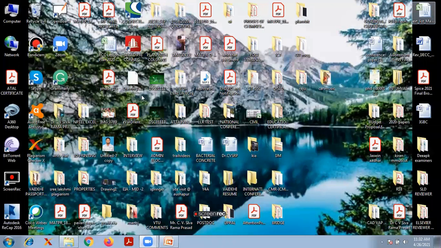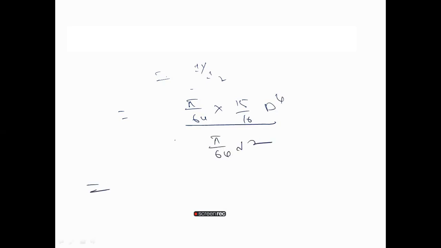So if I substitute the I1 and I2 values in I1 by I2, I1 is pi by 64 into 15 by 16 capital D power 4, divided by I2, which is pi by 64 small d power 4. Here pi by 64 will get cancelled.